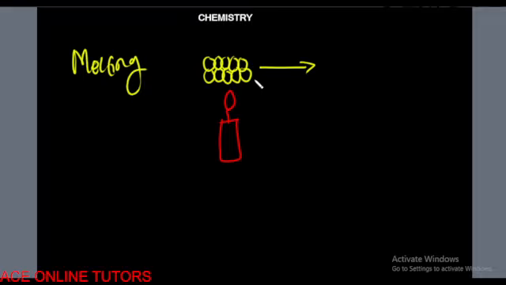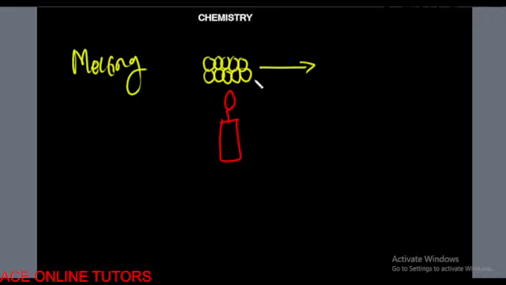So they now start vibrating as they are undergoing an increase in kinetic energy, as they are undergoing an increase in temperature. They start vibrating violently until they are able to break that bond that is keeping them in place.